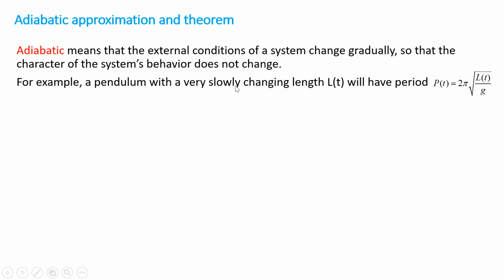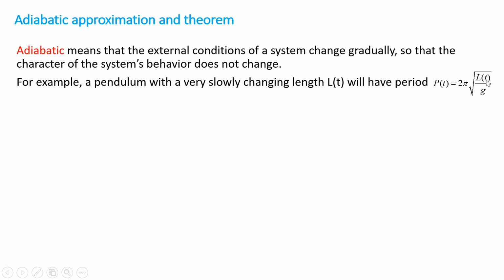So if the length, the external condition, changes very gradually, then this formula will still hold at all times t. The period as a function of t will be the same expression that holds for constant L, just with L of t.